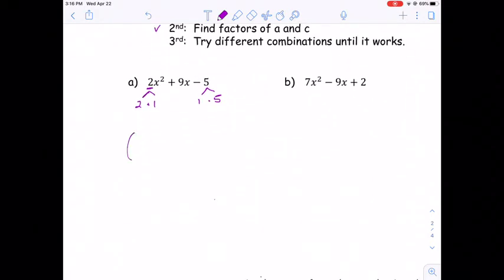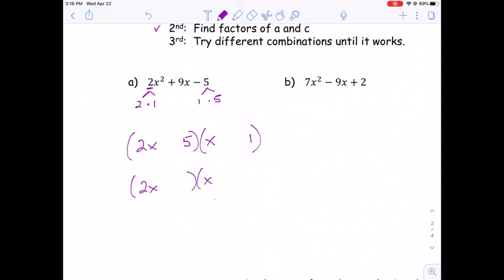To get that 2x squared, I could do 2x times x. And to get the 5, I could put the 5 here and the 1 here. Or if I keep that 2x and x where they were, I could trade the 1 and the 5. Put the 1 in the first parentheses and the 5 in the second parentheses.